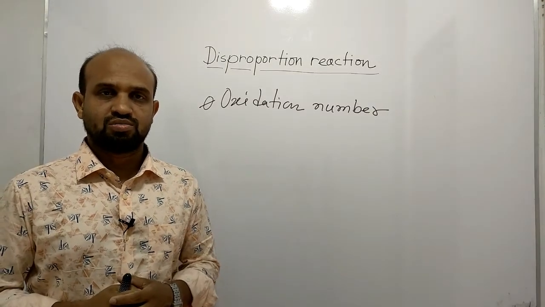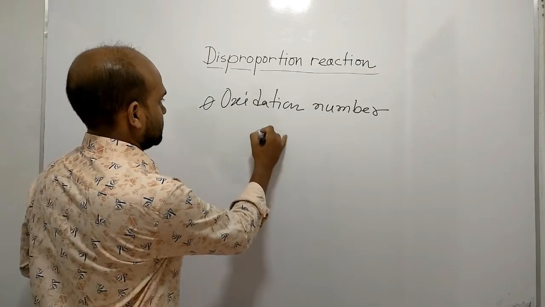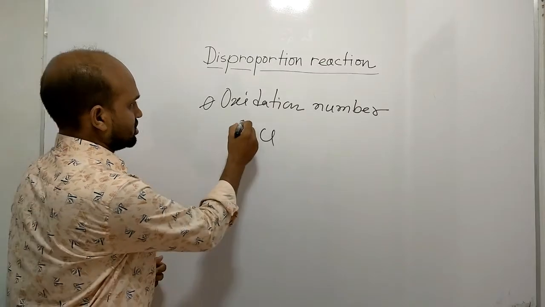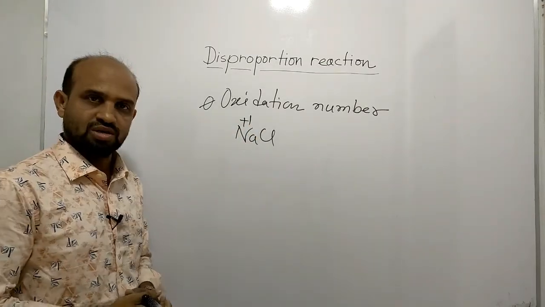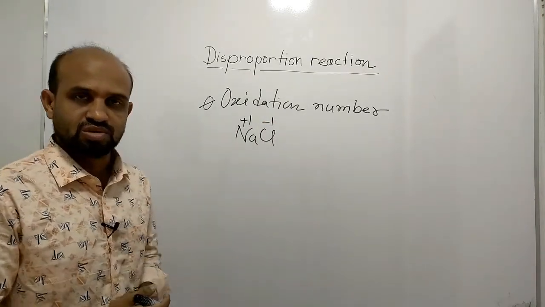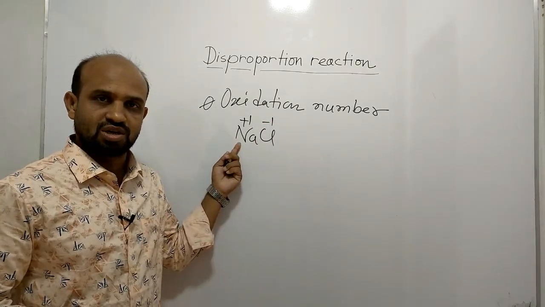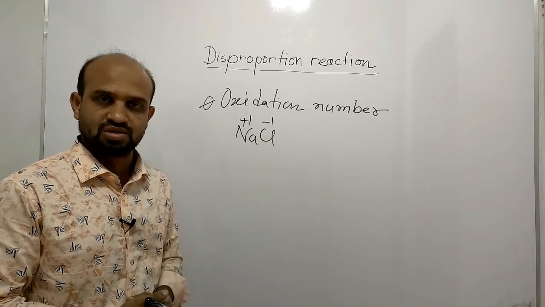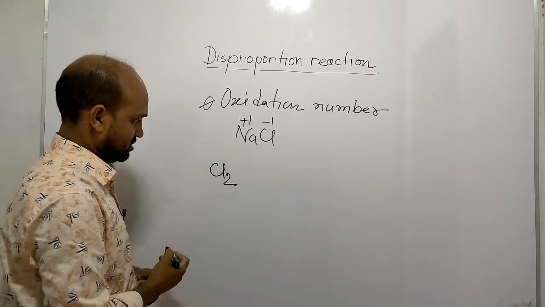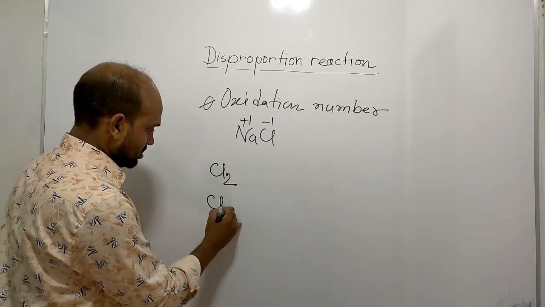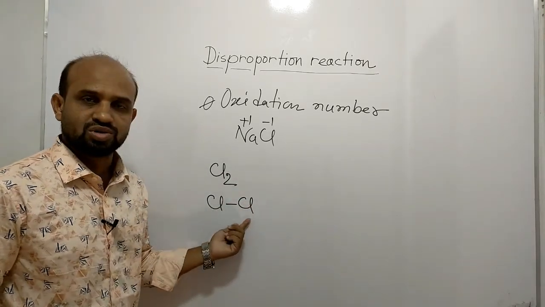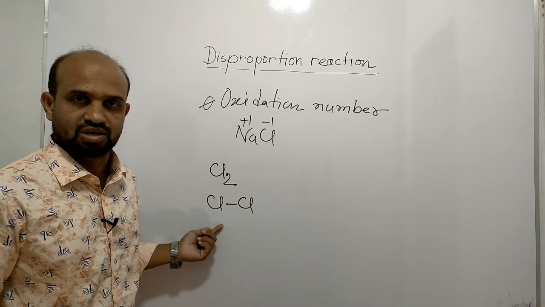Let's see oxidation number of some compounds. This is sodium chloride. Here oxidation number of sodium is +1 and chlorine is -1, because in this compound sodium donates one electron and chlorine accepts one electron. Let's see here what is the oxidation number of chlorine. In this molecule there is a covalent bond and no chlorine atoms donate or accept electrons.